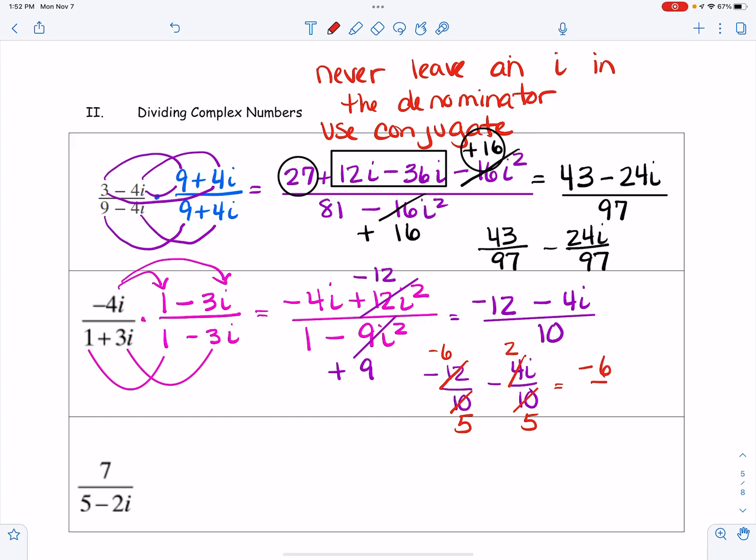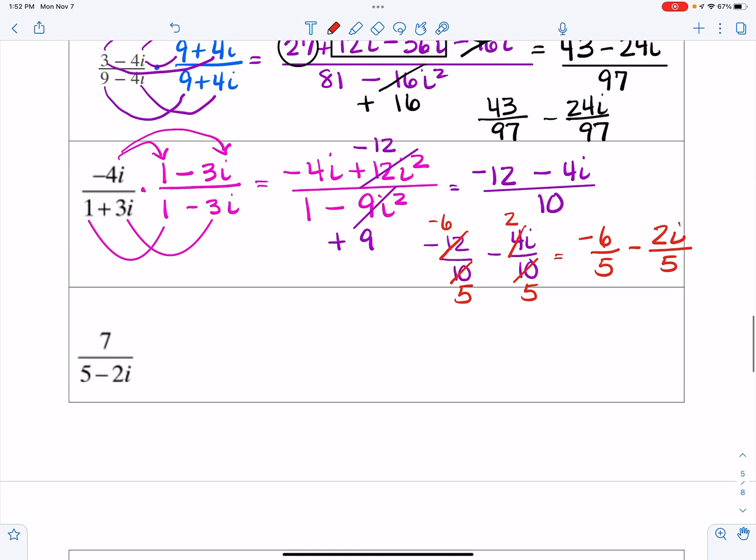So negative 6/5 minus 2i over 5. And I could put it all over one denominator of 5, or I could just leave it like that.